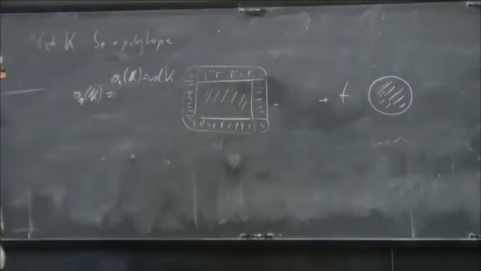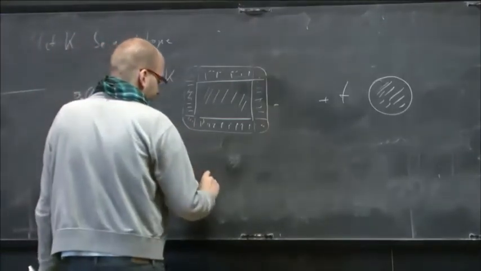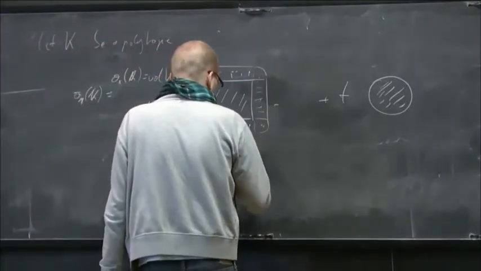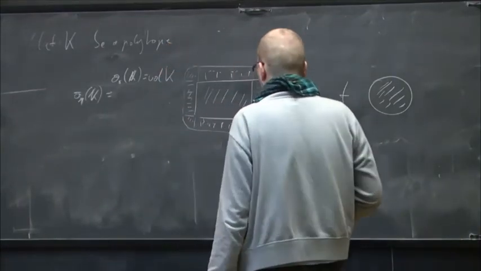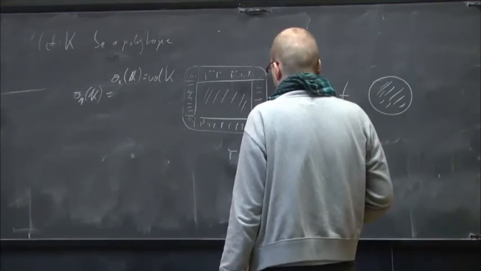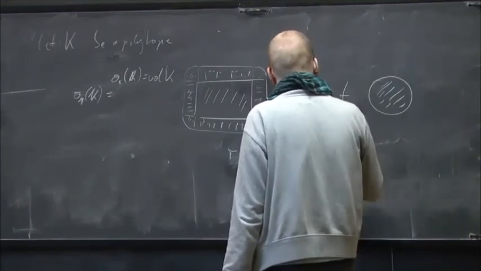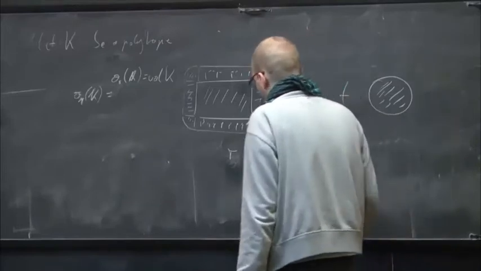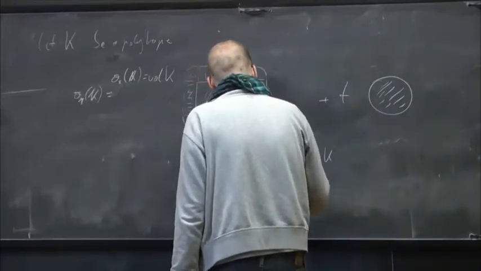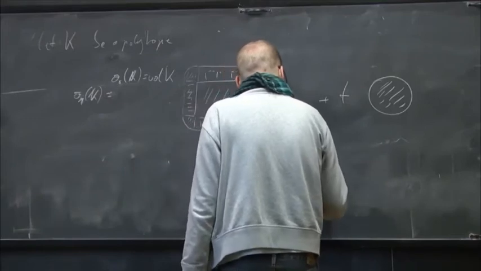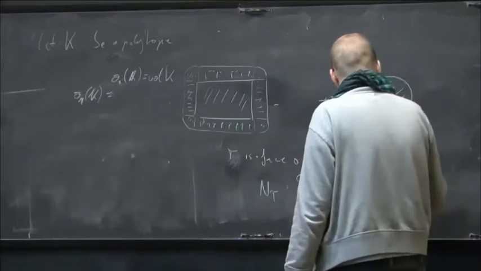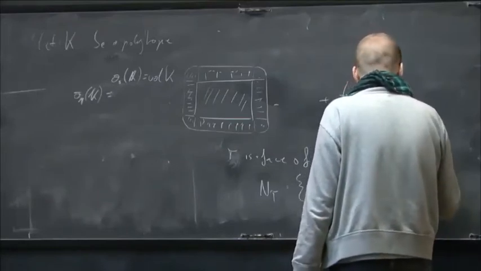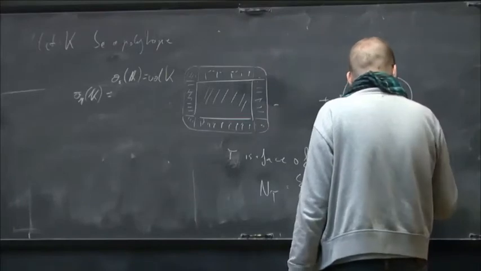So how do I make this more precise? Well, I could define for a face, if tau is a face of my convex polytope K, then I could define n of tau as the set of all x in my surrounding space such that the closest point projection of x to K lies in tau.